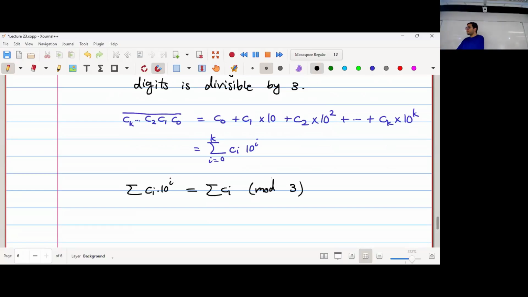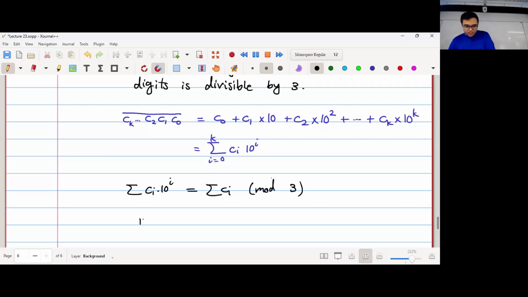Right? So what is 10 modulo 3? 1. So what is 10 to the power of any number i modulo 3? It's 1.